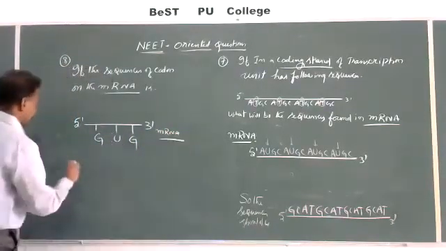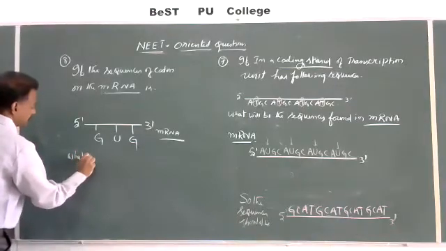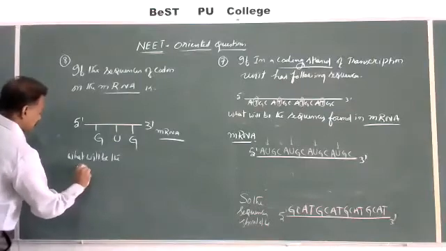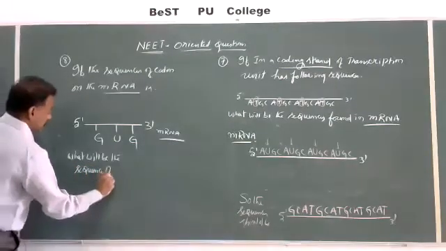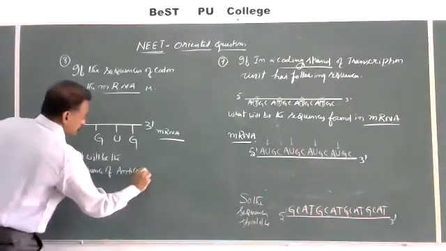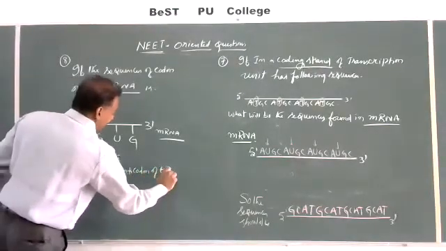They will give options. What will be the sequence of anticodon of tRNA?